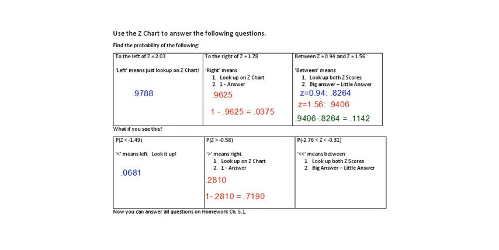All right, the next one, we have two z-scores, so we're going to do this twice. It doesn't matter who goes first. So for z equals negative 2.76, our probability is 0.0029. All right, good so far. Next one.